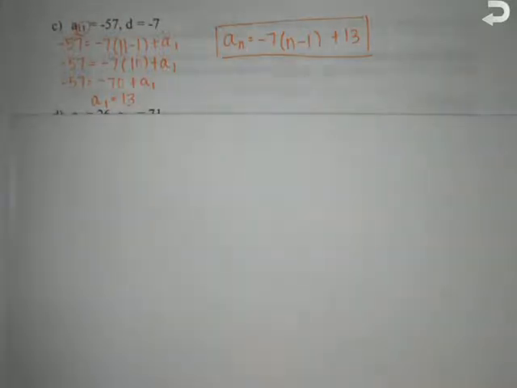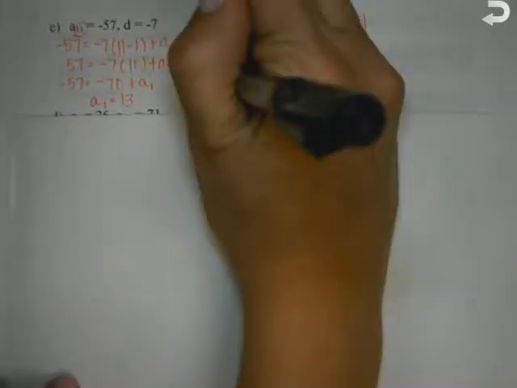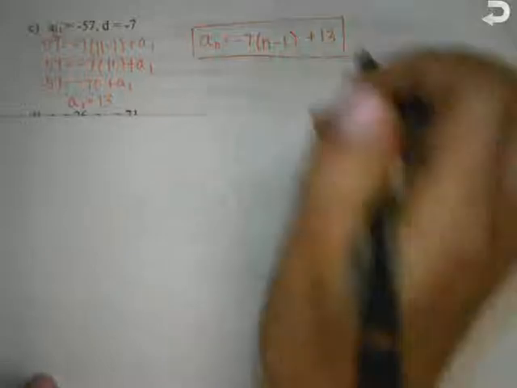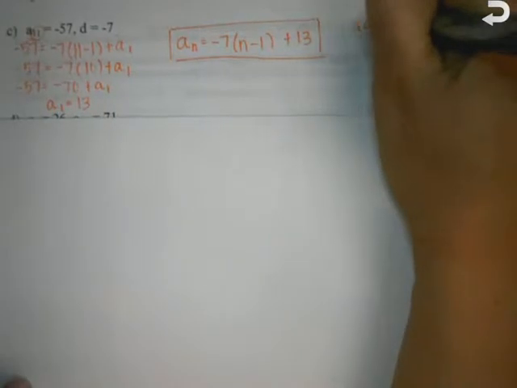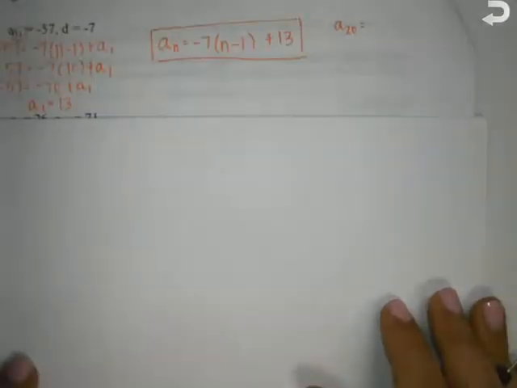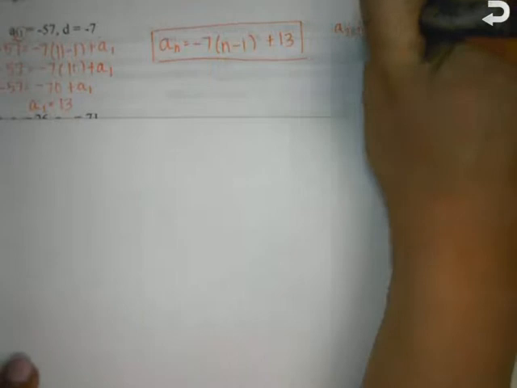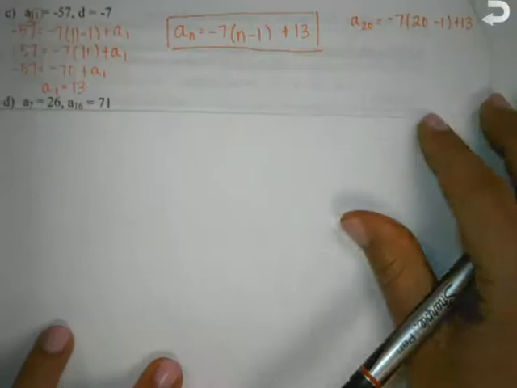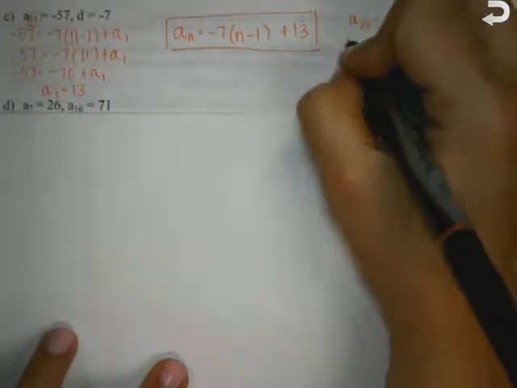So what's a sub 20 then? So a sub 20 is negative 7 times 20 minus 1 plus 13. So a sub 20 equals negative 7 times 19 plus 13.